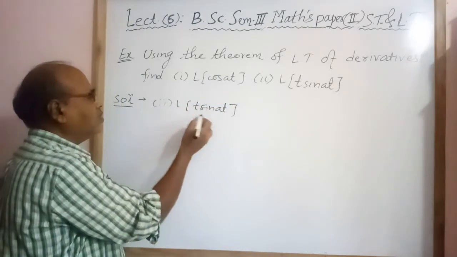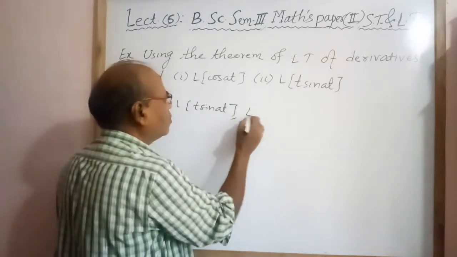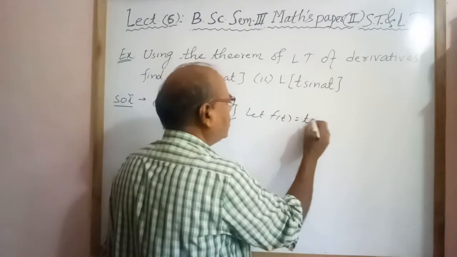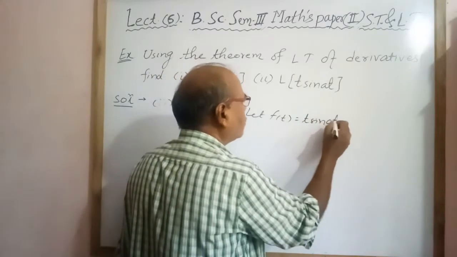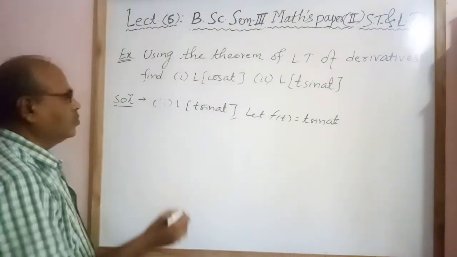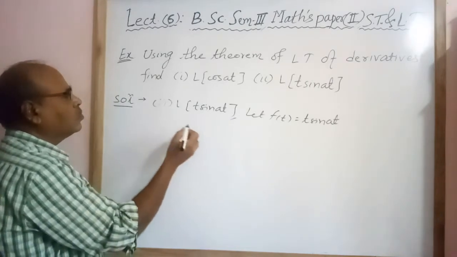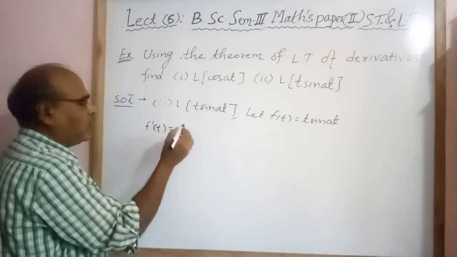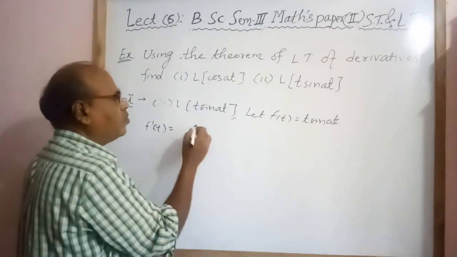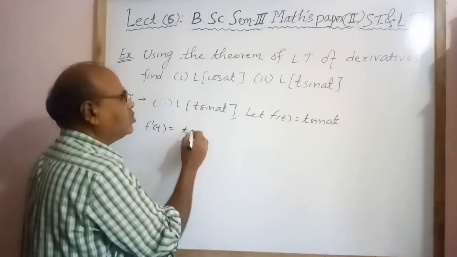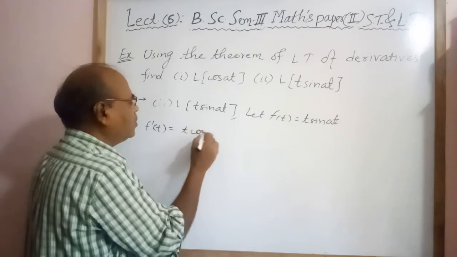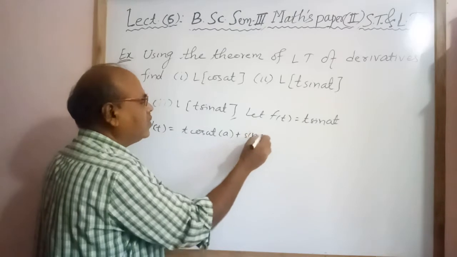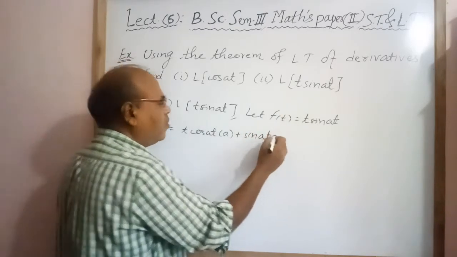Here we take f of t equal to t sin t. Therefore we find the derivative f dash of t by the product formula: first into derivative of second, cos at into a, plus second function sin at into derivative of first, 1.